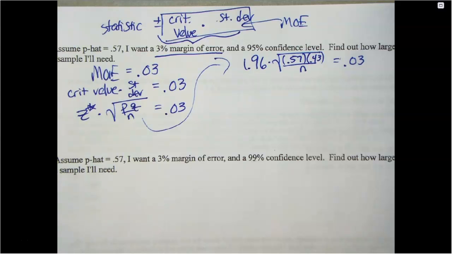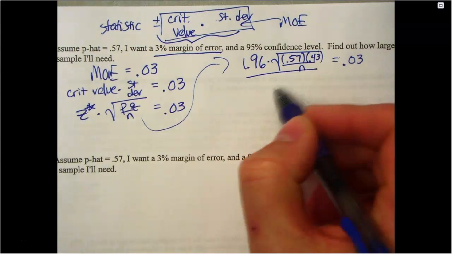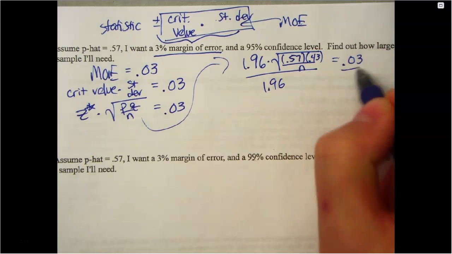It's not that bad. The hard part is you really want to do it all in your calculator, because if you round by a little bit, then you square it, divide by things, the error gets bigger and bigger. So you really want to try to do this all in your calculator. So I'm going to divide by 1.96.